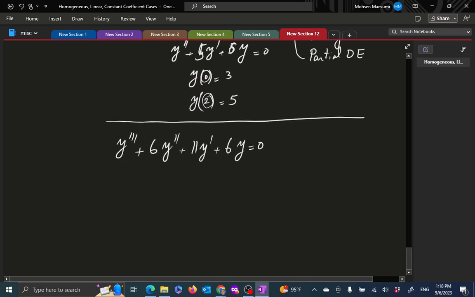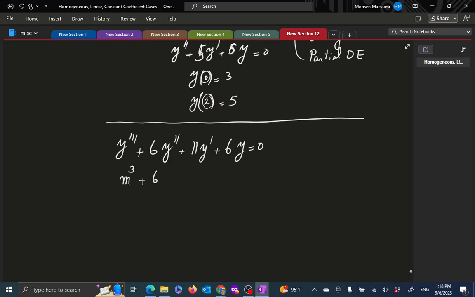Much of the discussion will just go through, meaning you have an auxiliary equation that looks like the following. Now we are up against solving a cubic equation. Some of you, when you took your algebra classes in high school, did solve some cubic equations. Perhaps some of you didn't. That would be a lecture all by itself.